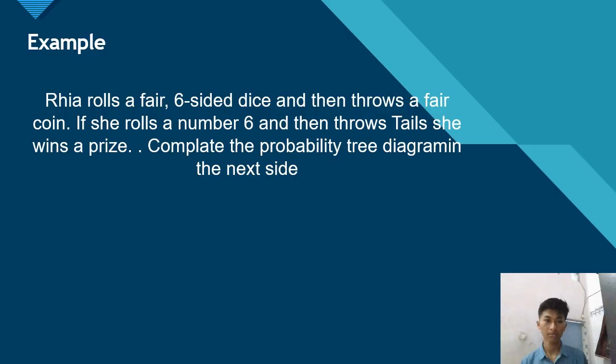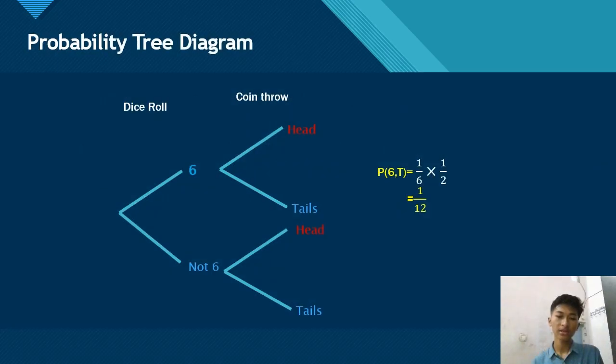Example: Ria rolls a fair 6-sided die and then throws a fair coin. If she rolls a number 6 and then throws tails, she wins a prize. Complete the probability tree diagram and calculate the probability of winning. The probability of rolling a 6 is 1 over 6 because there is only one 6 on the die and 6 numbers altogether.